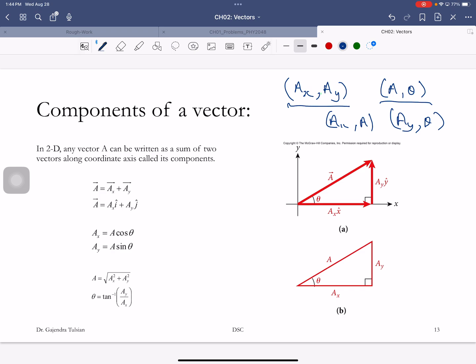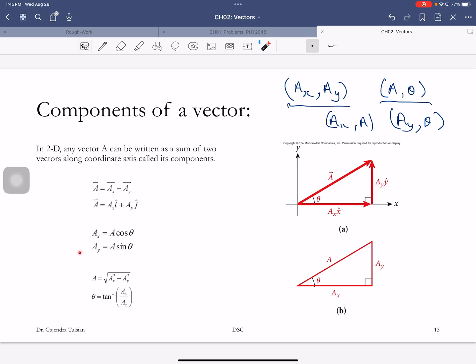And oftentimes when you're given this, you'll need to convert to the components, or if you're given the components, you'll need to find the magnitude and direction. And that's what these formulas do. So you're given the magnitude and direction, and there's how you find the components. There's how you find the y component.